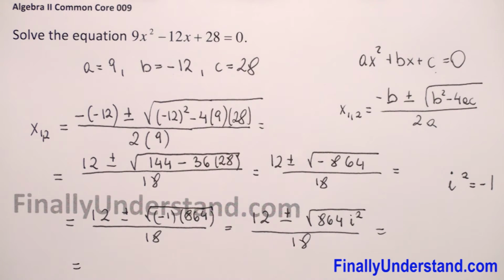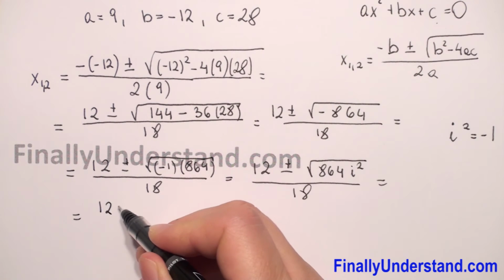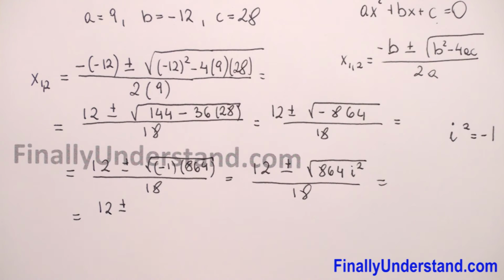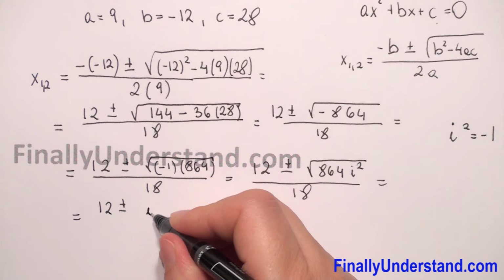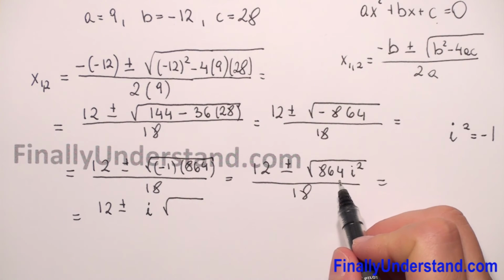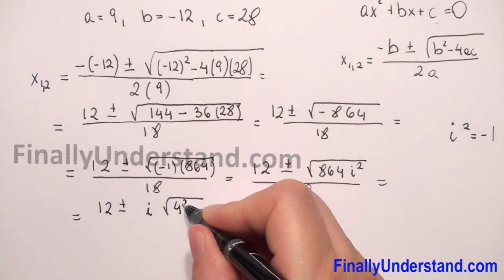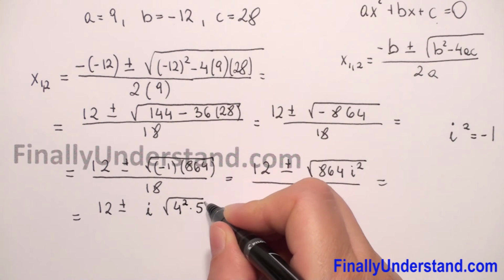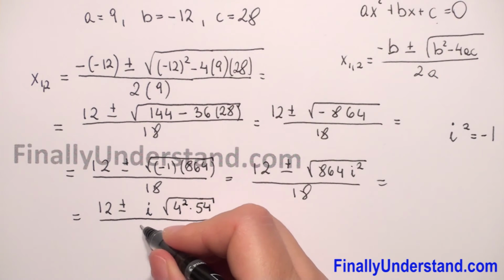This is equal to 12 we copy, plus minus, and now the square root of i squared will be i, and under the square root we have 864. 864 we can rewrite as 4 to the second power times 54, over 18.